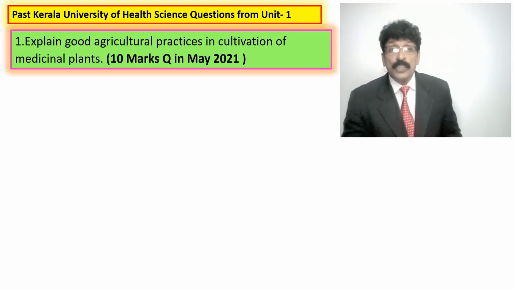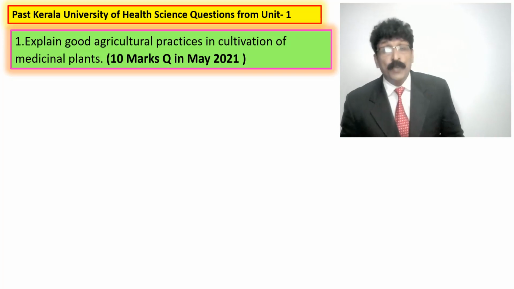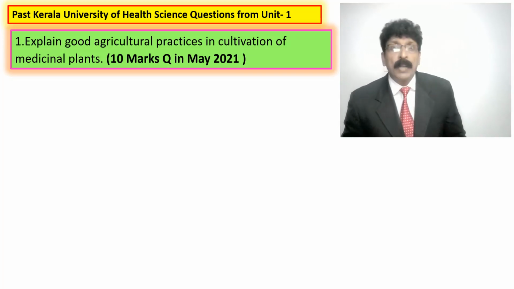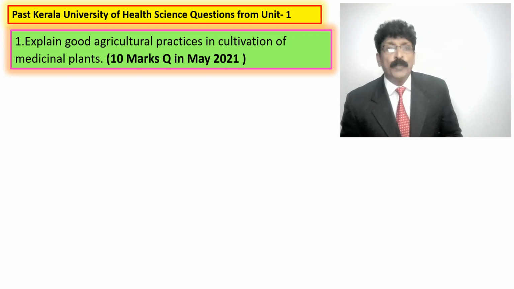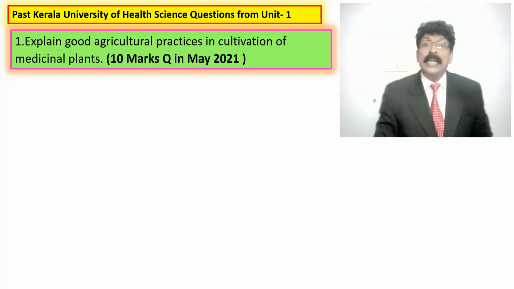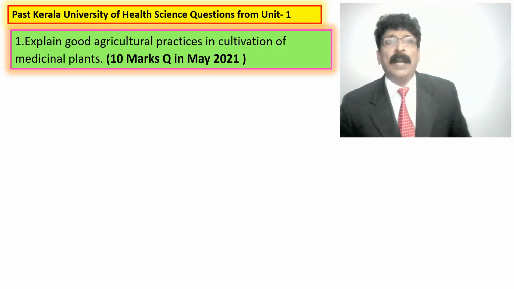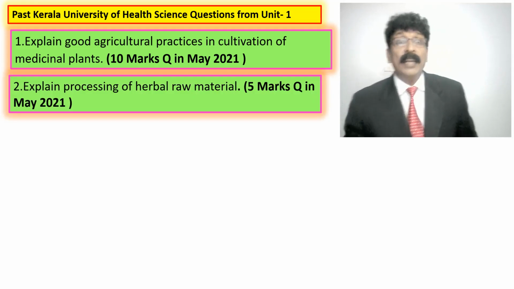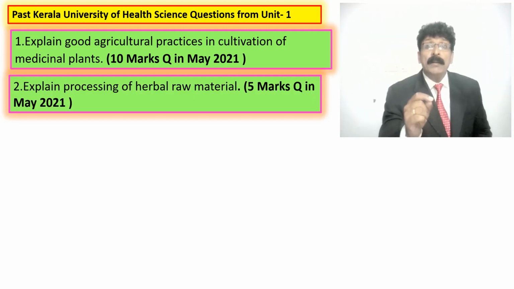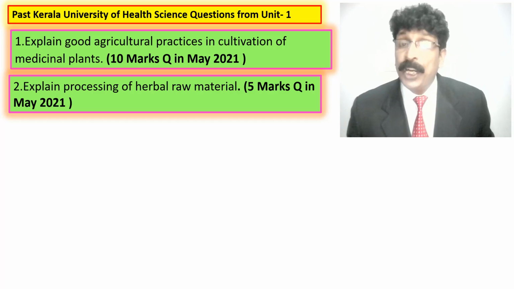See the first question they asked in May 2021, a 10 mark question: Explain good agriculture practice in cultivation of medicinal plants, and explain processing of herbal raw material.